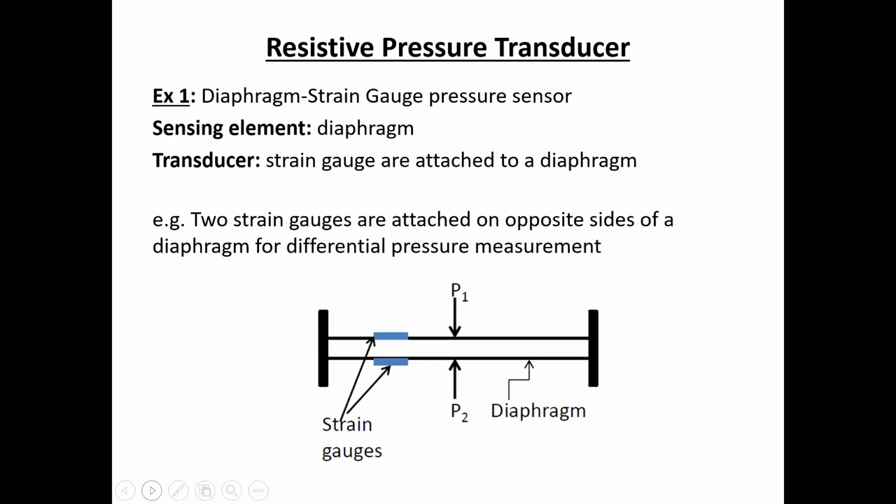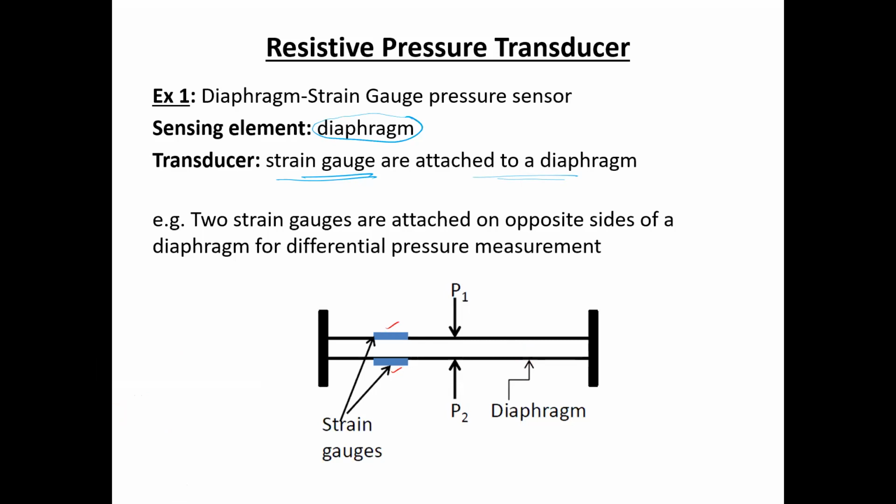If we first discuss the resistive pressure transducer, one arrangement can be obtained such that the primary sensing element is a diaphragm, and the secondary or electrical transducer is a strain gauge attached to the diaphragm. As you can see in this figure, on both sides of the diaphragm, two strain gauges are attached.